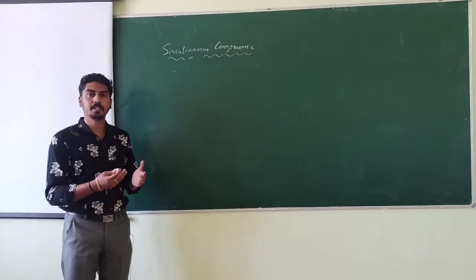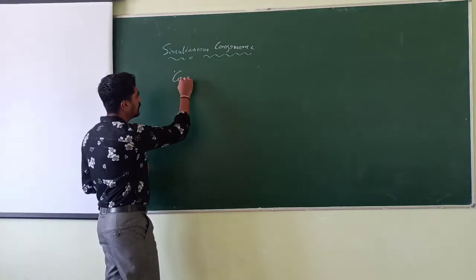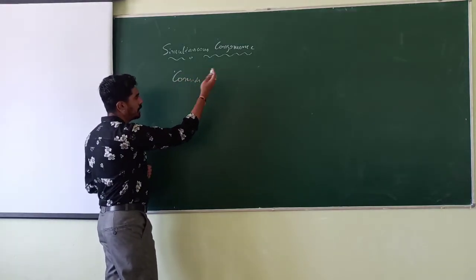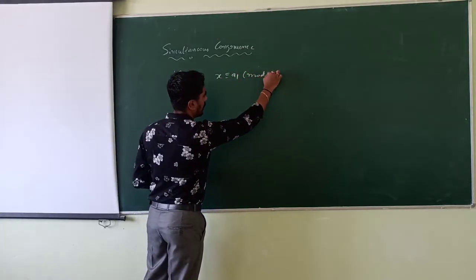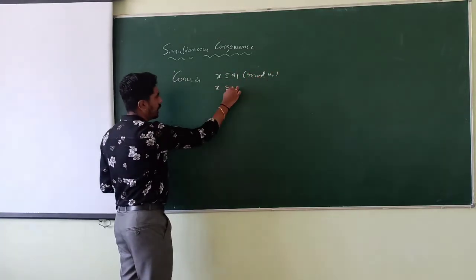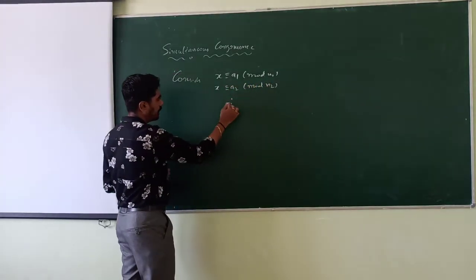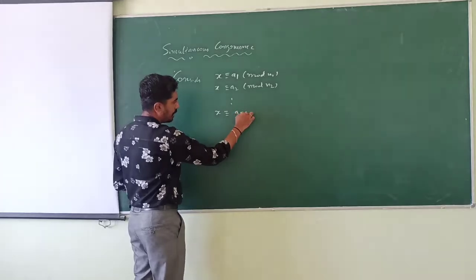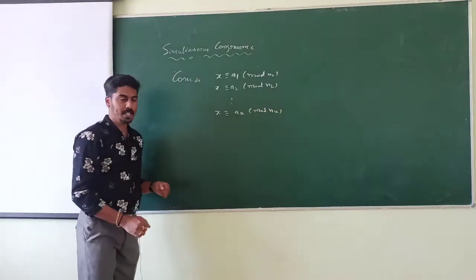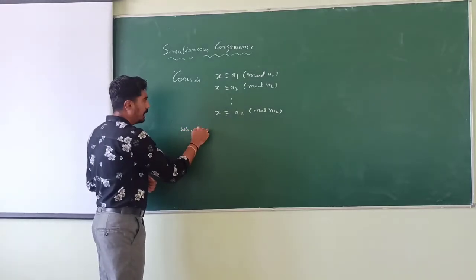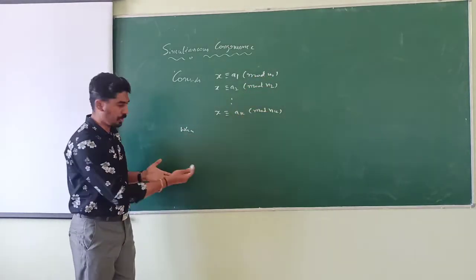Okay. Now let us discuss simultaneous congruences. Consider a set of linear congruences x congruent to a1 mod n1, x congruent to a2 mod n2, and so on, x congruent to ak mod nk, where n1, n2, up to nk are all mutually coprime.